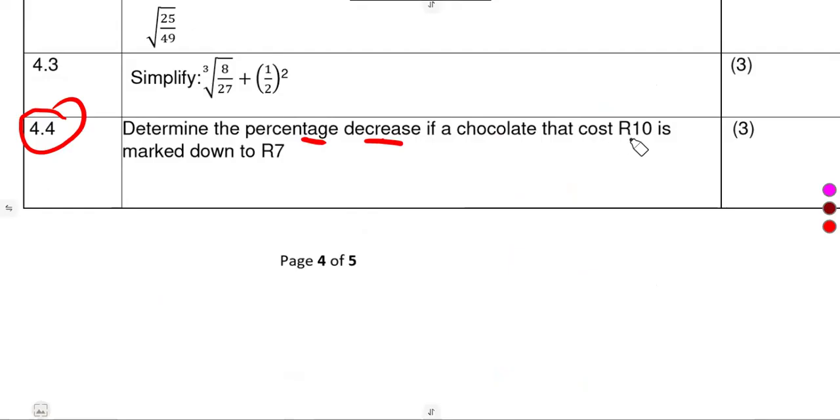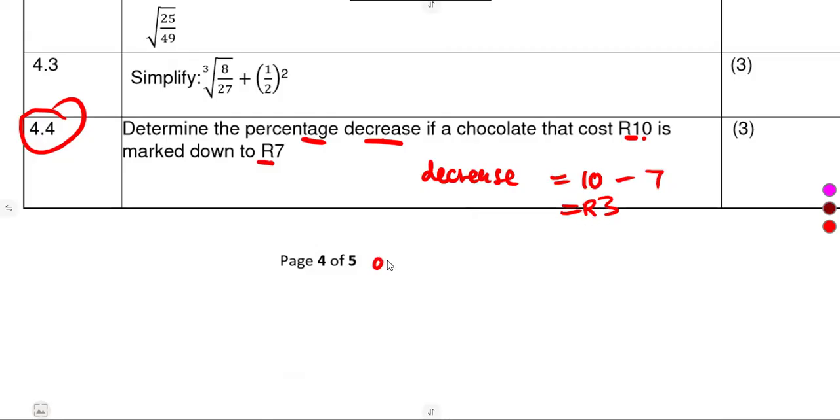If the chocolate that costs 10 Rand is marked down to 7, there's a decrease there. So what is the decrease first? From 10 to 7, what is our decrease? We subtract 10 minus 7, which is what? 3. So there's a decrease of 3 Rand.